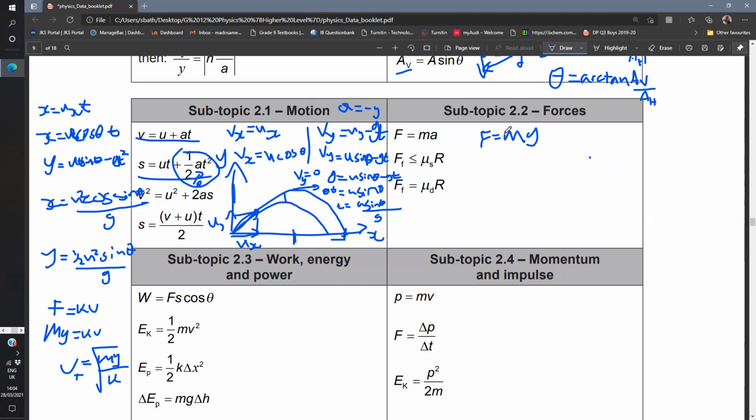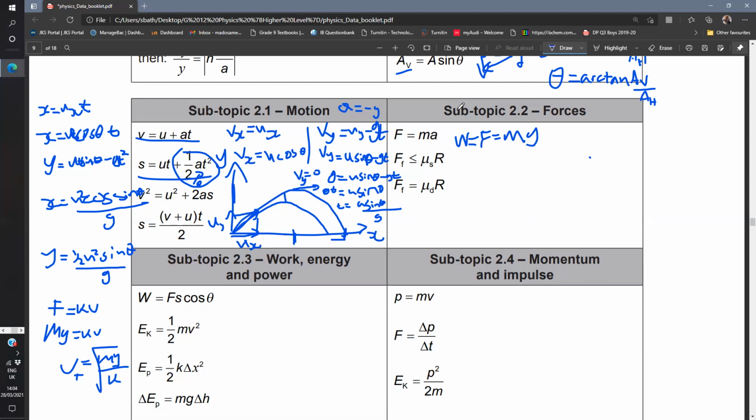And as we stated previously, g is the acceleration of free fall, and we define g to be 9.81 meters second negative 2.